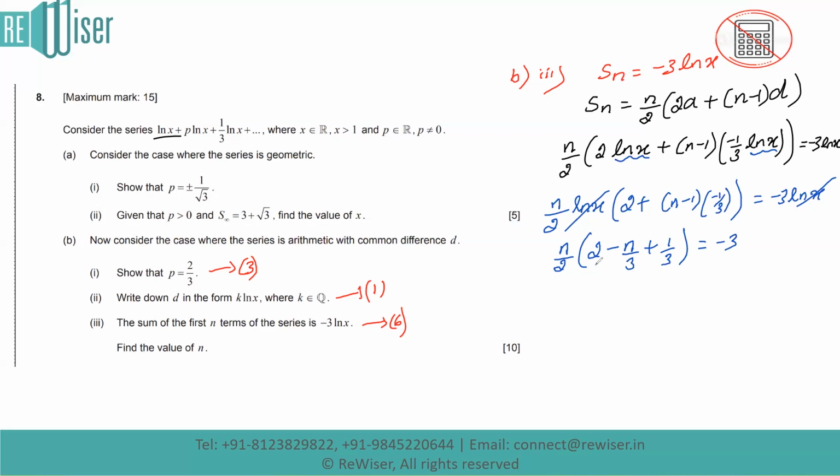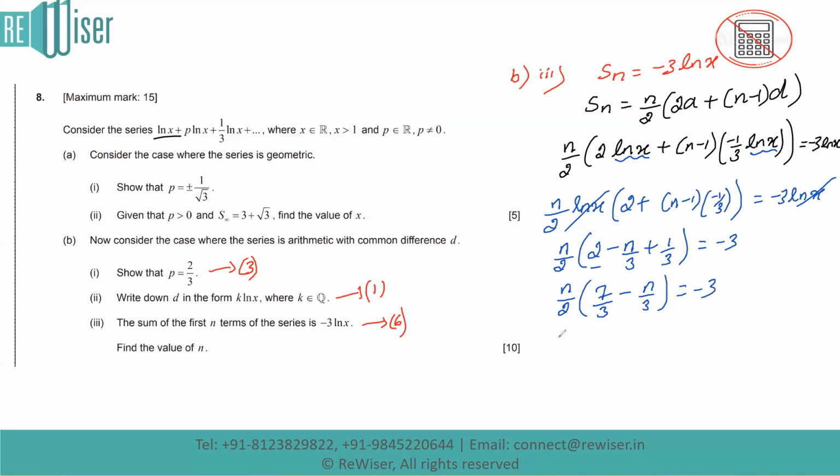And if I also multiply this n by 2 inside, okay, before that, if I add this 2 plus 1 by 3, that's going to give me 7 by 3 minus n by 3 is equal to minus 3.